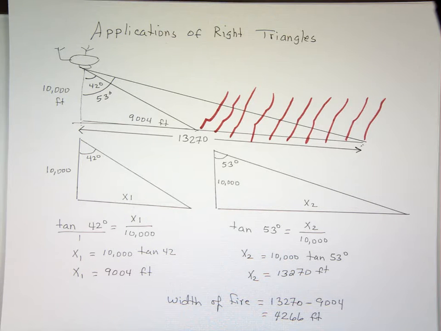Almost a mile long, the width of it. 5,280 feet is a mile, so a little bit less than a mile. 80% of a mile, 0.8 miles. That's just one application.